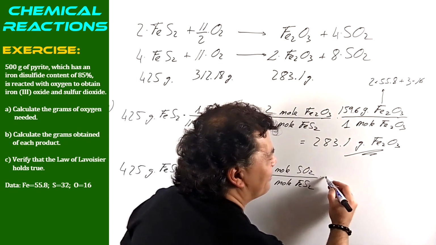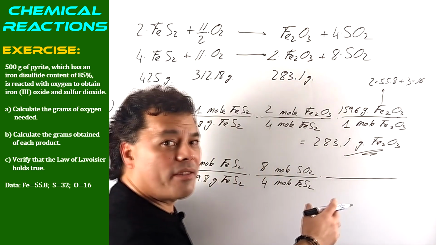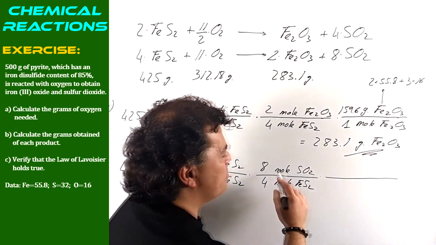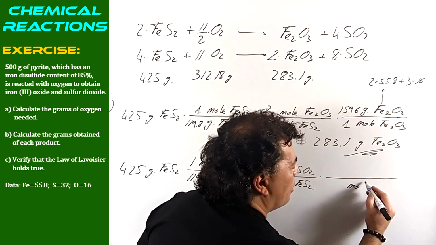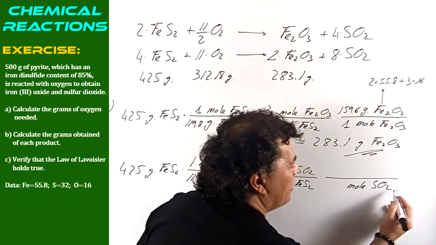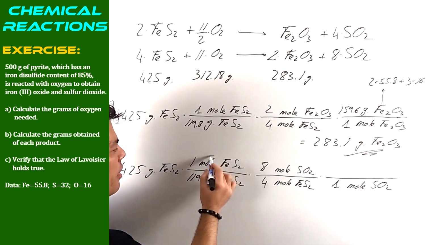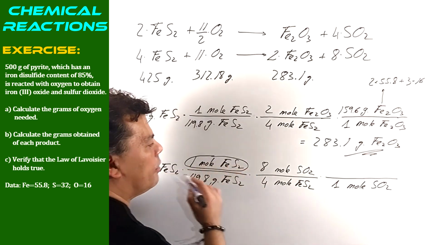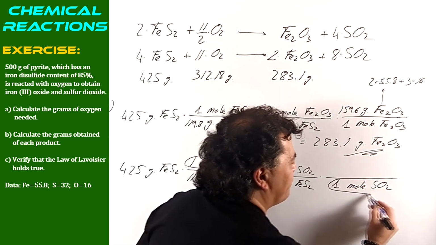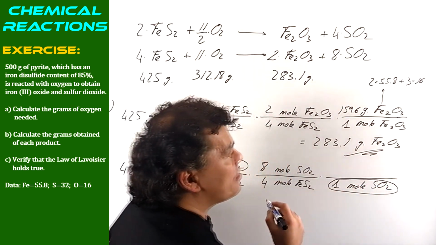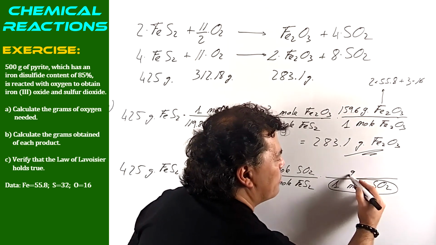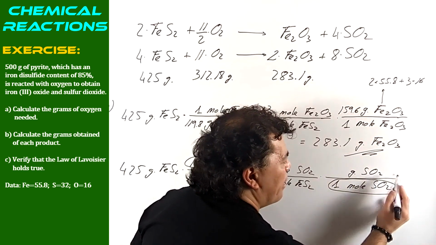And finally, our last conversion factor helps us to move from moles of sulfur dioxide, and only with 1 mole will be enough to do this calculation. Here 1 mole, and also here 1 mole. Now it's time to move into grams of sulfur dioxide.